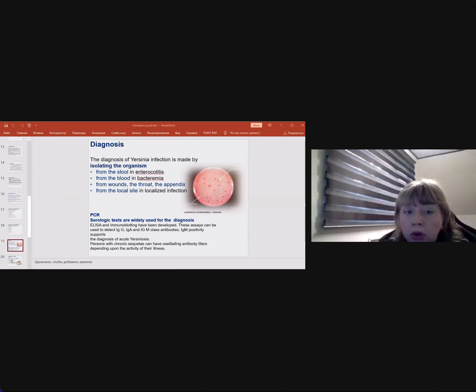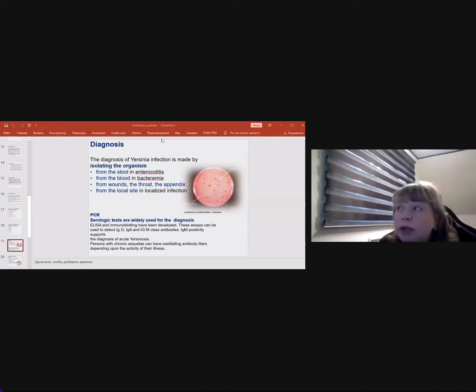ELISA test, serological test, PCR, we can use for diagnostic of Yersiniosis. And doctors, I want to say that Yersinia species have intracellular localization, yes?